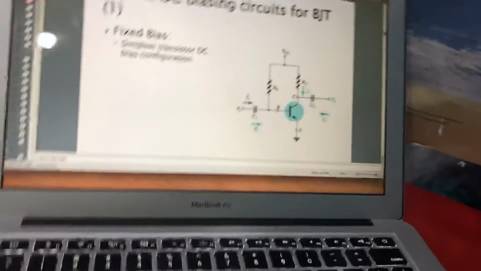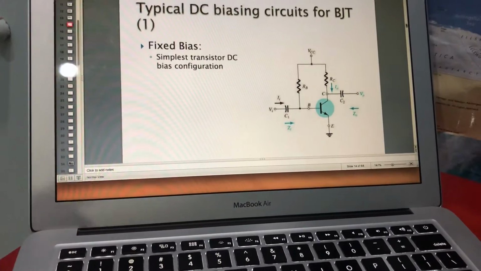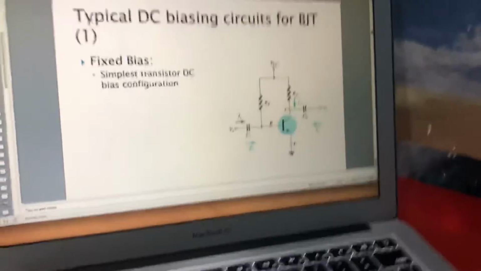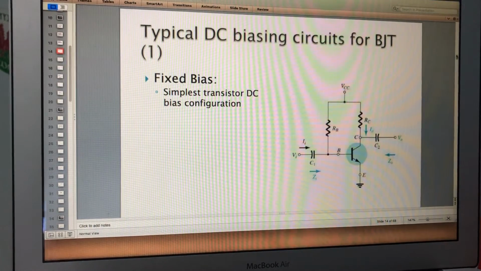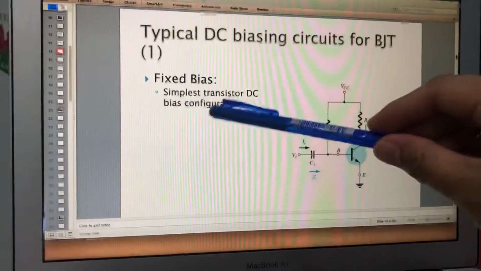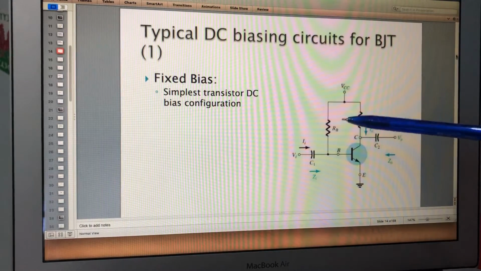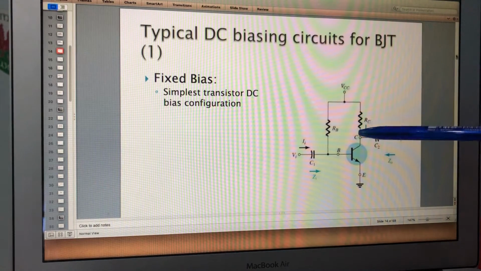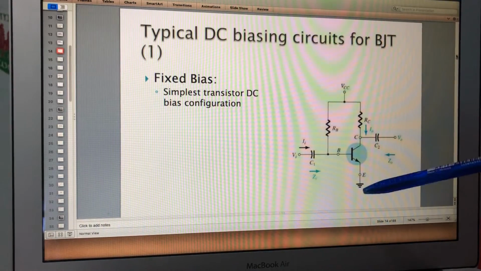The simplest one is the fixed bias, meaning that we put a resistor here, and also a resistor here, so that we can design VC to be higher than VB and VB greater than VE. In this case, VE is ground, 0.